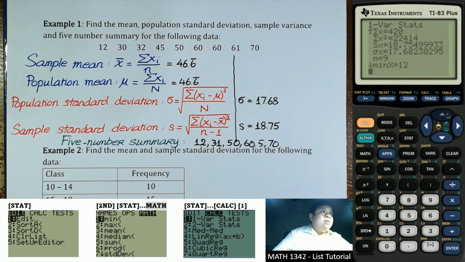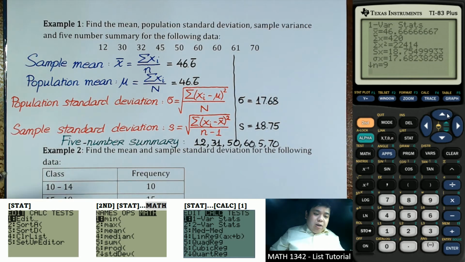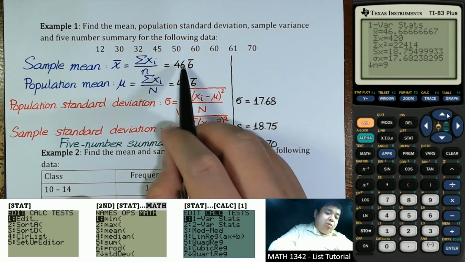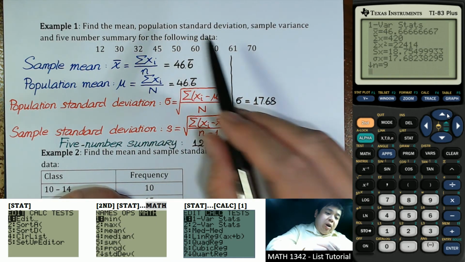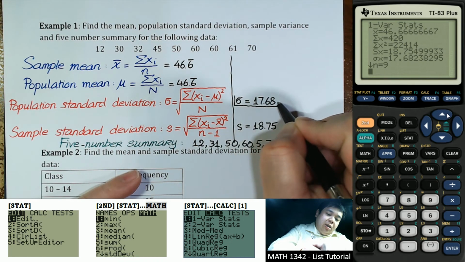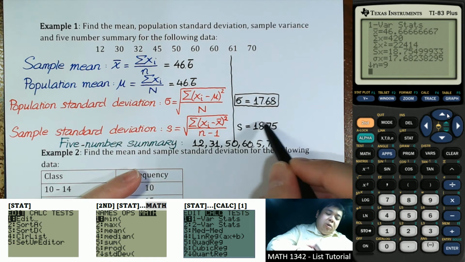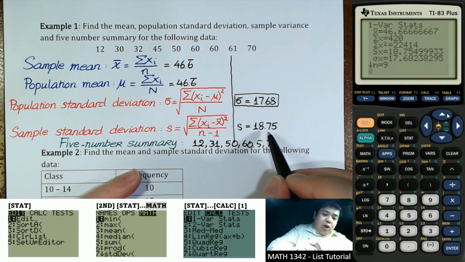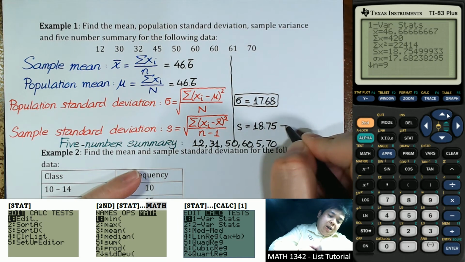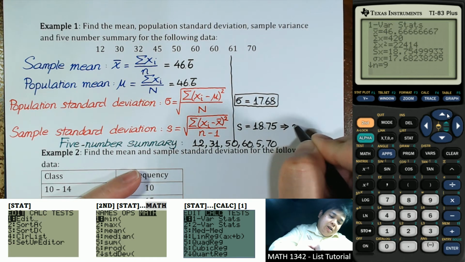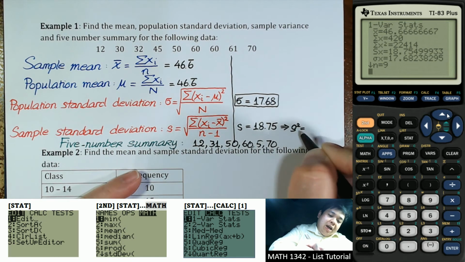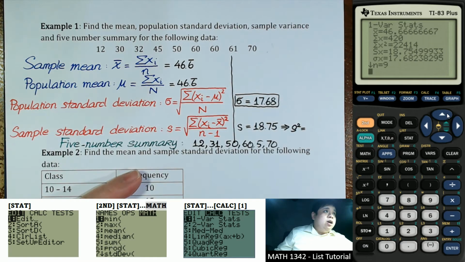Right. Now, in this problem we are asked to find the variance. The variance is just going to be the square of the standard deviation. So all we need to do is take this number and square it. It should be S squared, that is the sample variance. Of course, I can just enter the numbers and then square, but we don't need to do that. We just go find where the sample standard deviation is.